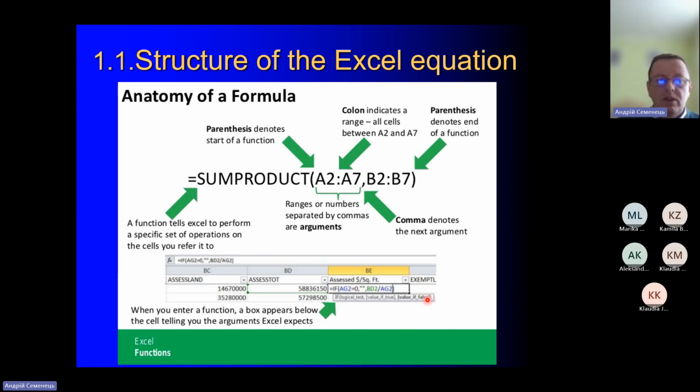Again, I want to emphasize that when you deal with a spreadsheet, you must strictly follow the syntax demanded by the application.